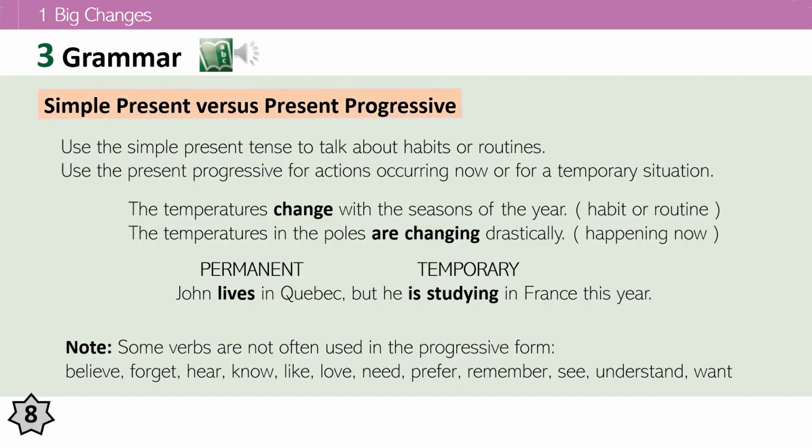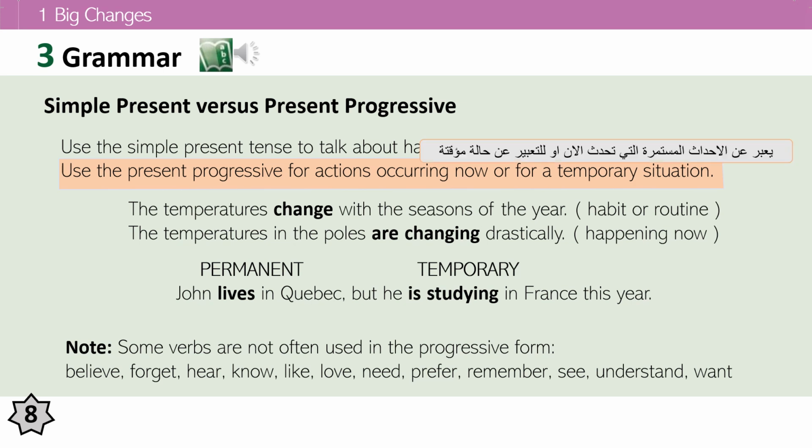Simple present versus present progressive. We use the simple present tense to talk about habits or routines, while we use the present progressive for actions occurring now or for a temporary situation. Let's read the examples together. 1.